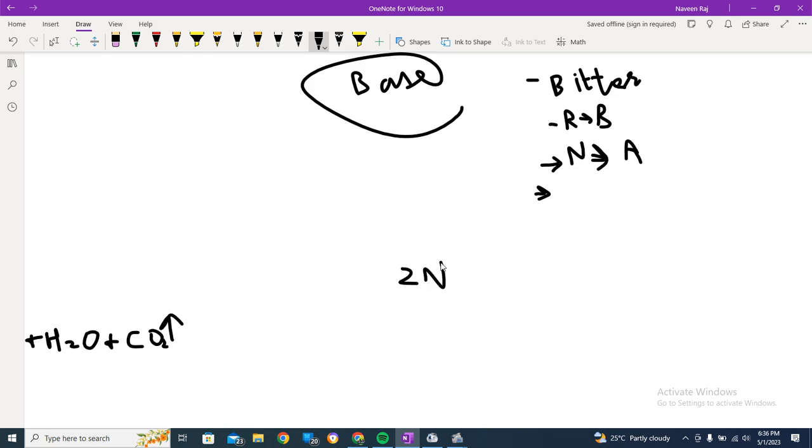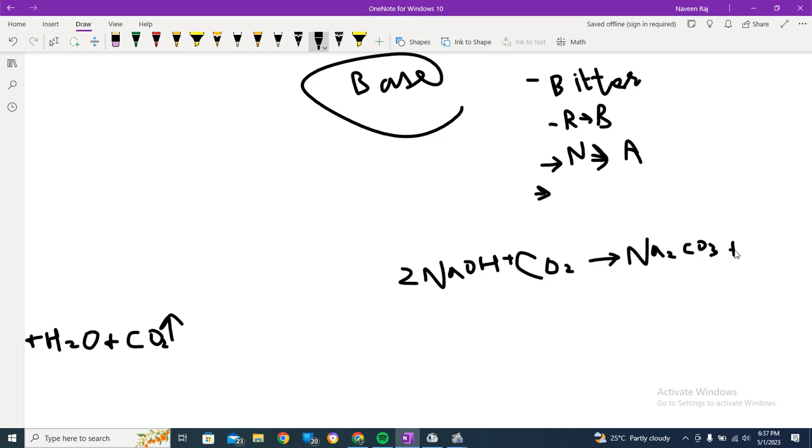We take a base, NaOH, and react it with CO2. As I said, they absorb CO2 and, as the theory says, form carbonates. Here we have Na2CO3, sodium carbonate, right? And with that we have water.